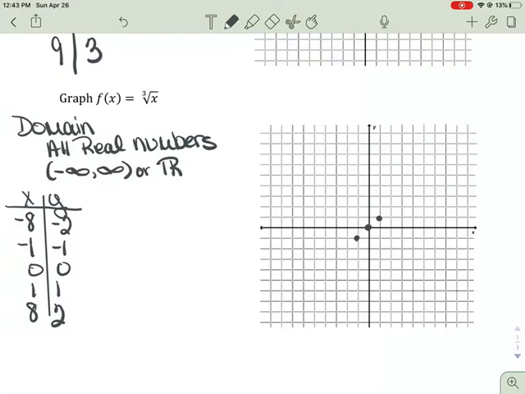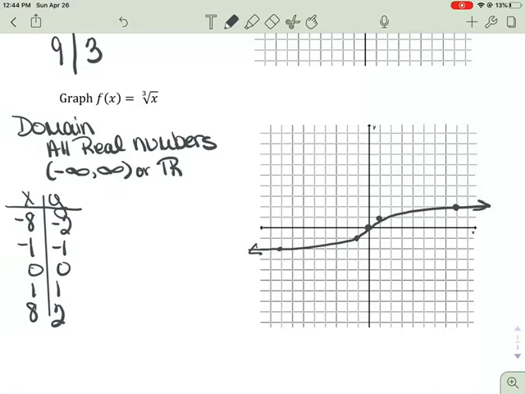Okay, and then 8 is 2, -8 is -2. Okay, so this particular graph looks like this. Okay? All right, so let's talk about range.